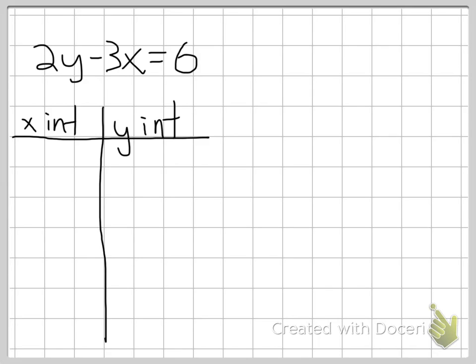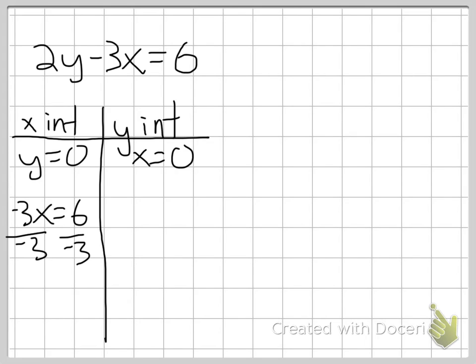Okay? Set the other one to 0. Now I'm just going to do this mentally. So since y is 0 here, I get negative 3x equals 6. Right? So x-intercept equals negative 2.